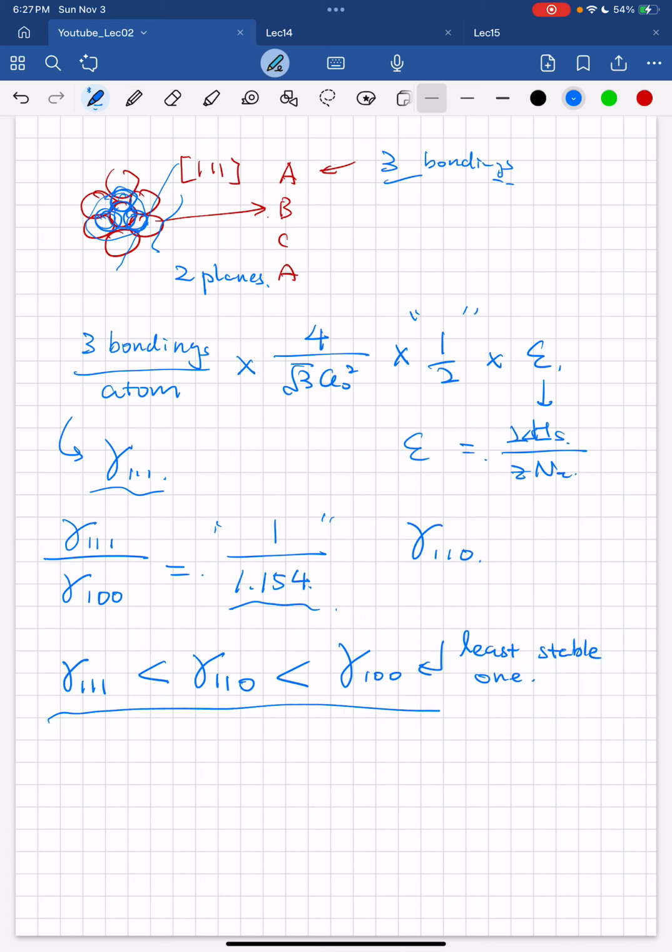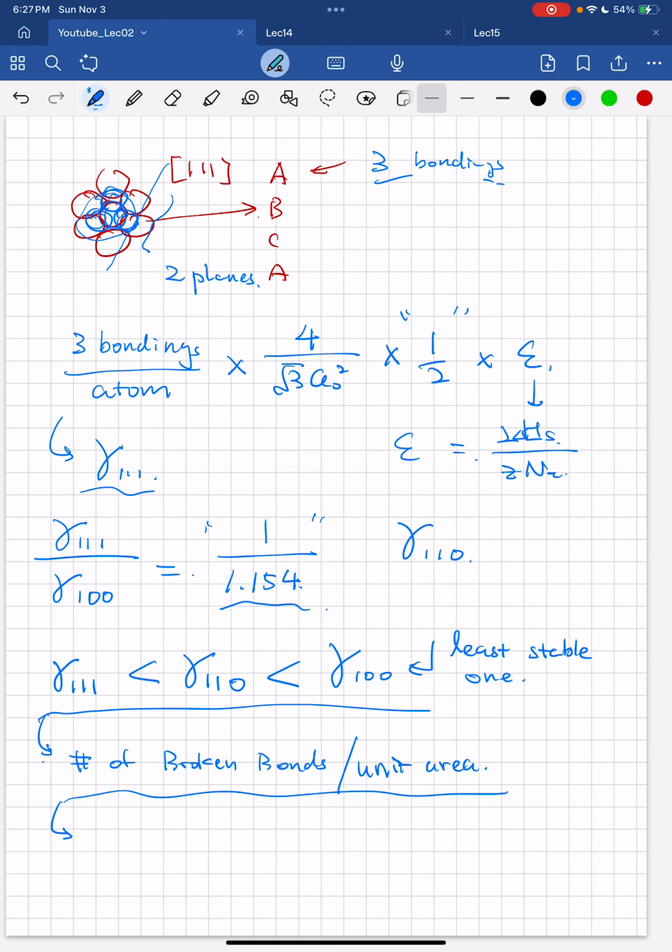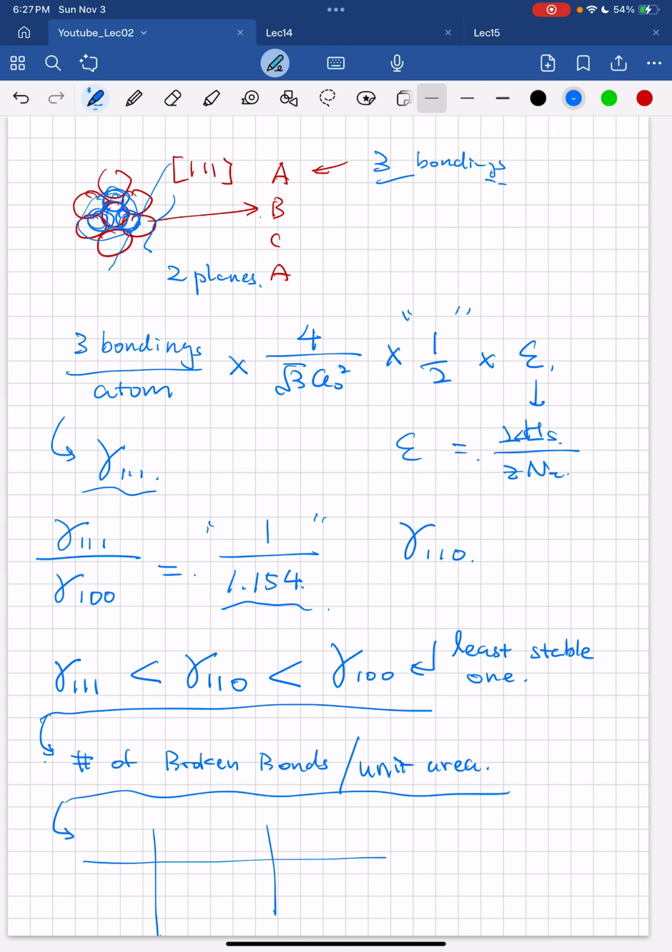Why don't you guys calculate all 3 of these, and the number of broken bonds per unit area, until our next lecture. I'll show you the answer table in the next lecture.